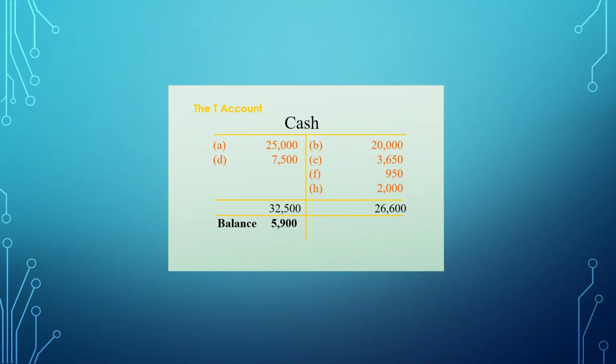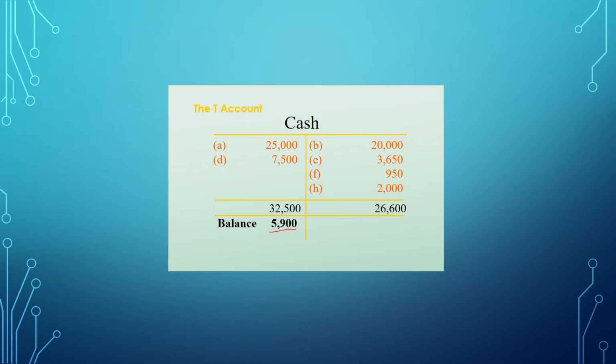Then we compute the balance of cash by adding all our debits, 25 and 75, and then adding all our credits, and then we deduct our credits from our debits. Now, as you can see, the difference is 5,900. 5,900 is the balance of our cash.